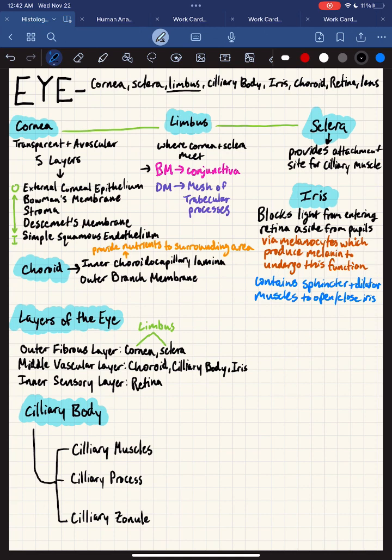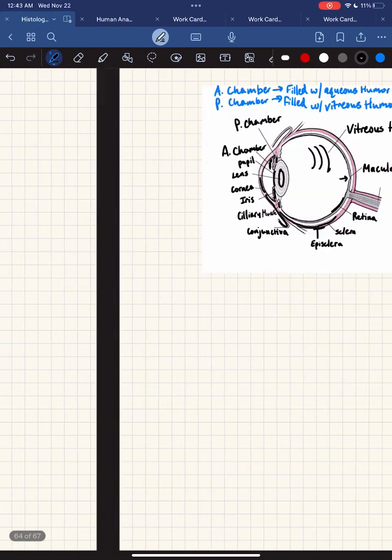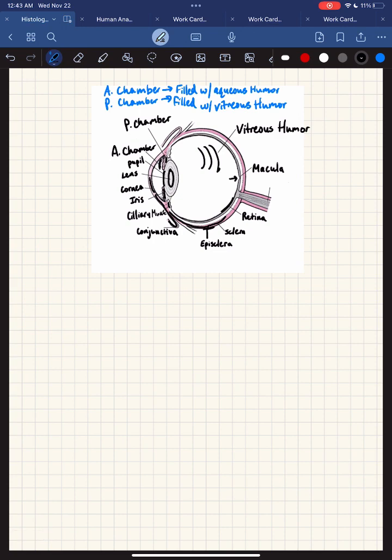So the ciliary muscles, they do something very simple. They just change the shape of the lens. Ciliary process, it produces the aqueous humor that we found in the anterior chamber.